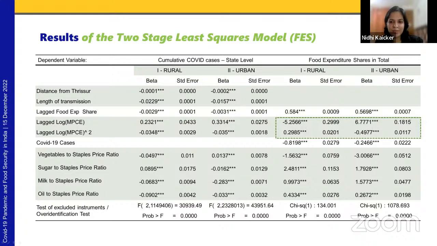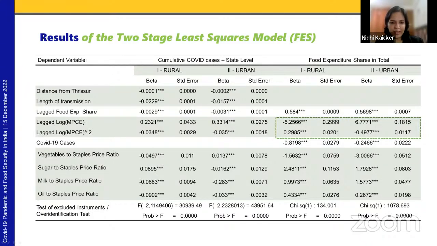So in rural areas, we can say that the household food expenditure shares first decrease as the total expenditure increases, but after a turning point, the relationship becomes positive. However, the value of this threshold is very high. So largely the Engel curve is downward sloping.